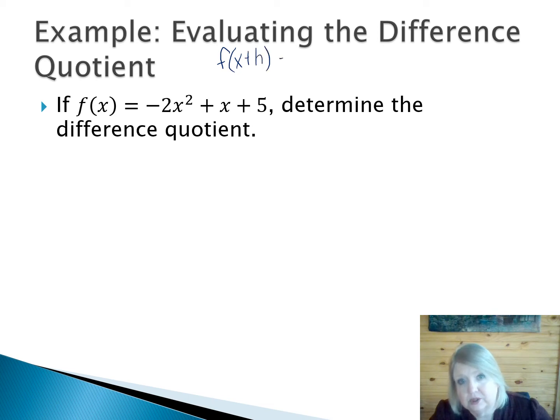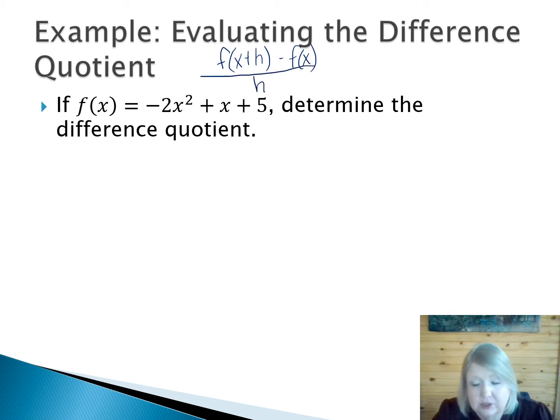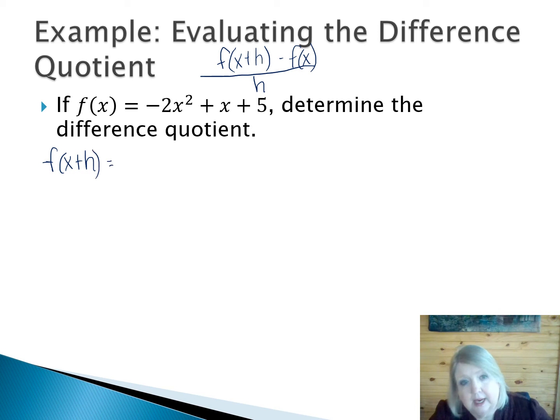It really is just the slope formula, but in function notation, and always going h units away from the original x value. Alright, so I'm going to start off with just f of x plus h, and I'm going to substitute x plus h for x every time it occurs in my initial function.